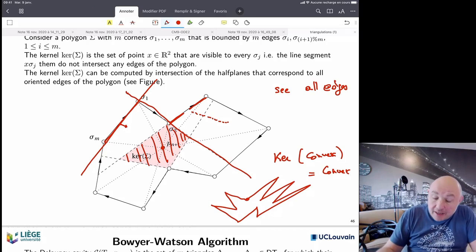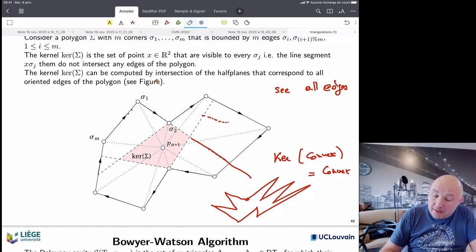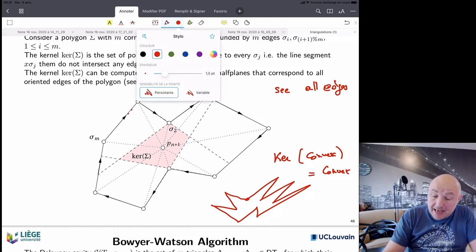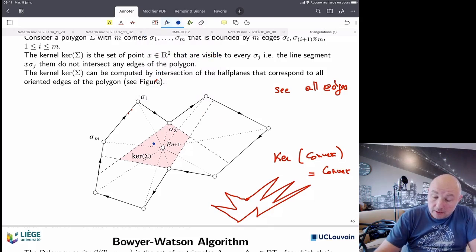If you have a polygon which is star-shaped, that has a kernel, there is a super simple way to triangulate it. Super simple. Take any point of the kernel and then do that.